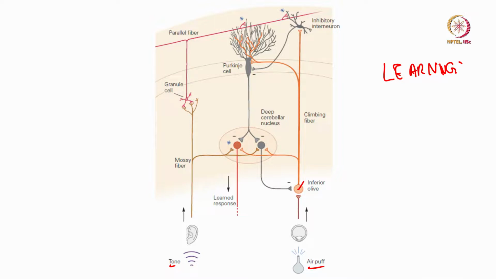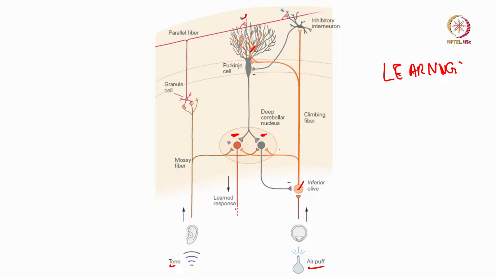The inferior olivary goes into the Purkinje and that reduces output over here. Mossy fiber, which is from the ear, goes over here, stimulates here, again negative here, and then changes the output over here.